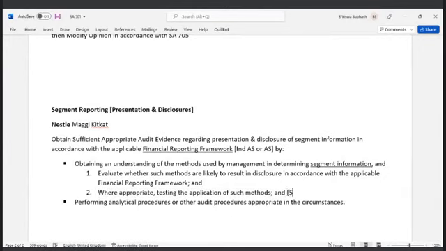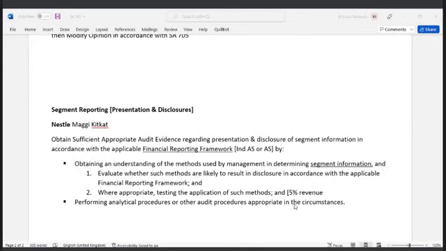If they say all segments earning more than 5 percent revenue, we will take them into consideration and report them as operating segments, then as an auditor, based on the financials, you need to do your own analysis and see whether all the segments giving more than 5 percent revenue are being reported or not.